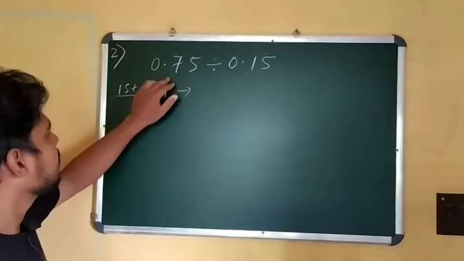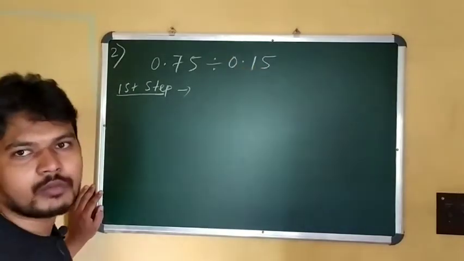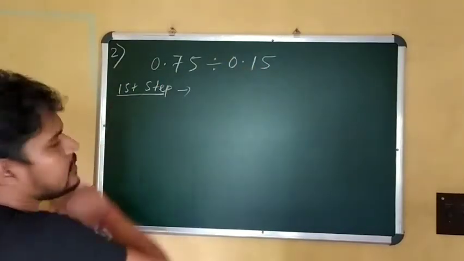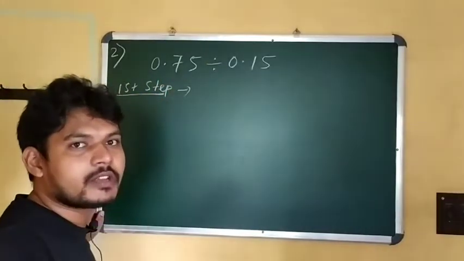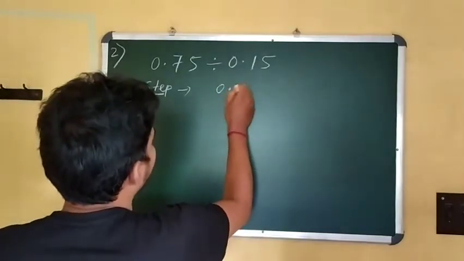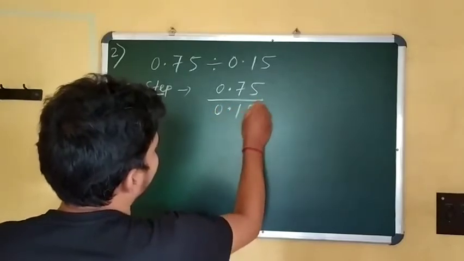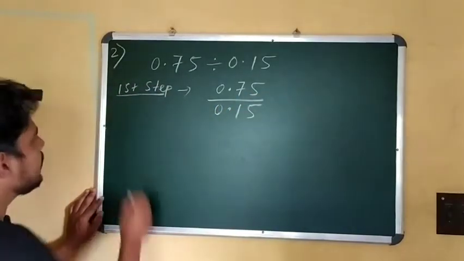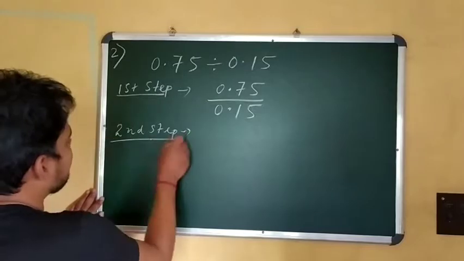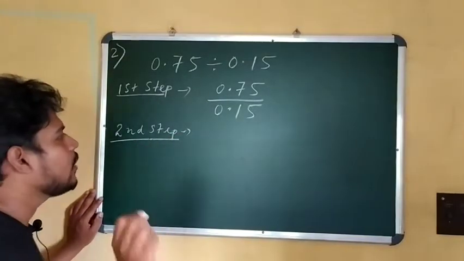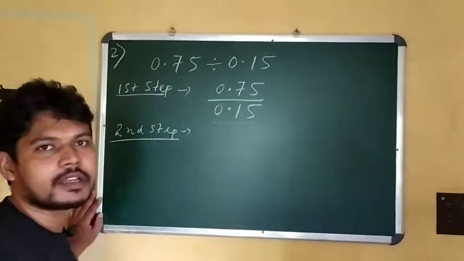Here you can see that I have written 0.75 divided by 0.15. So what is the first step? We have already learned that at first you have to write these two in a fractional form, 0.75 over 0.15. Then the second step: at first you have to check how many digits are written at the decimal places at the denominator.